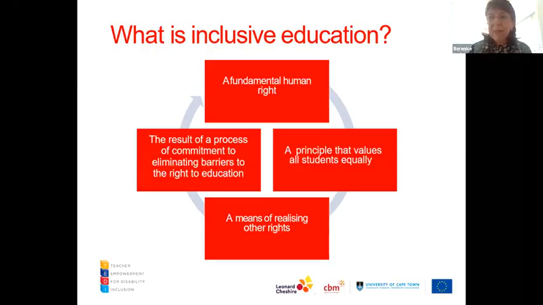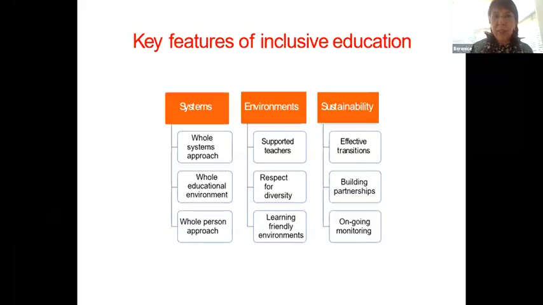But every learner should matter. Every learner. The child matters to the parent, and the learner must matter to the teacher equally. It's a means of realizing other rights, and it is the result of a process of commitment to eliminating barriers to the right to education.